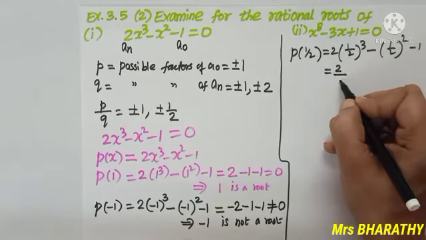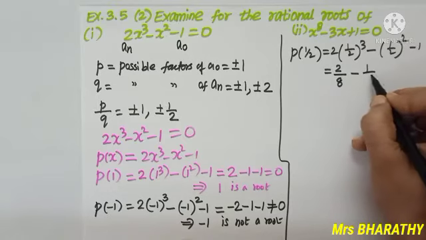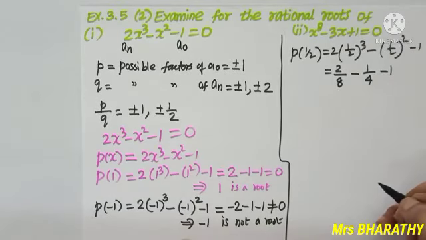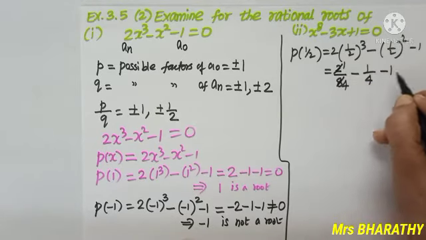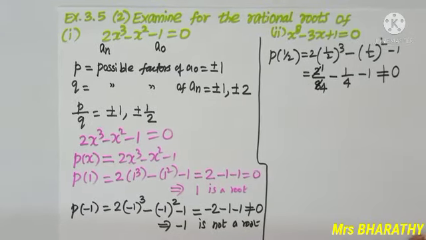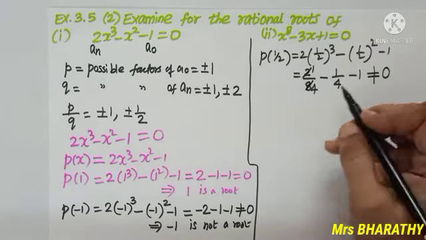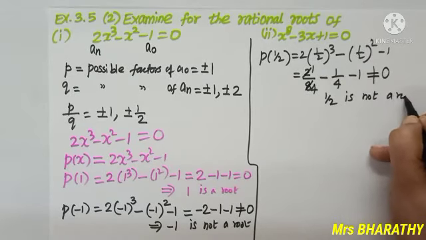It is 1 by 8, minus 1 by 2 square is 1 by 4, minus 1. Obviously, this is not equal to 0. My actual checking is only 0. This is not 0. So I will say 1 by 2 is not a root.